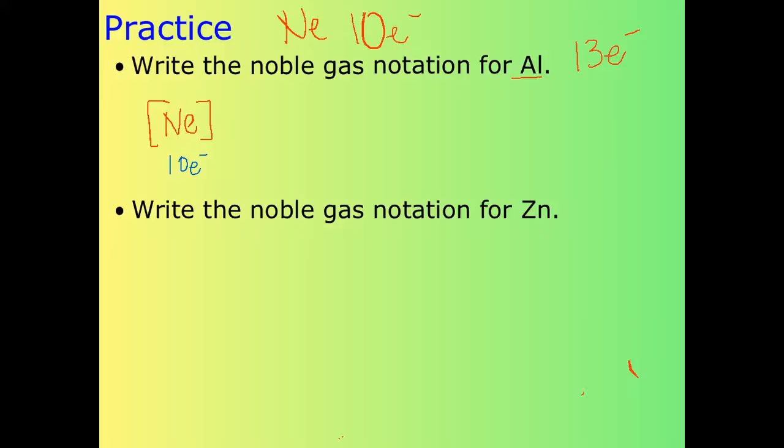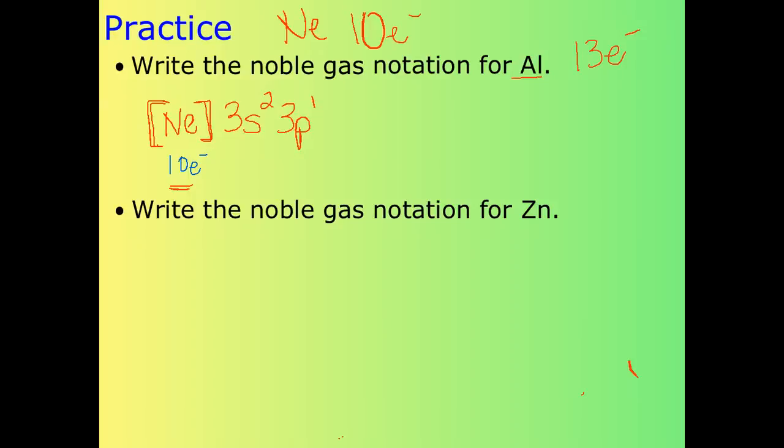Aluminum is found in period 3. So after I have these 10 electrons, I will know that I should start with period 3. So 3s is where I would start. An s sublevel can hold 2 electrons in addition to the 10 I already have in the brackets. So that gives me 12. So after the 3s, I have the 3p, and it just needs 1 electron.